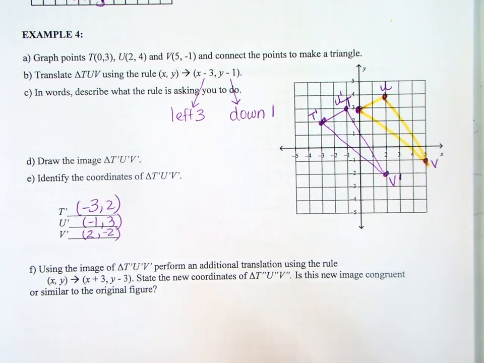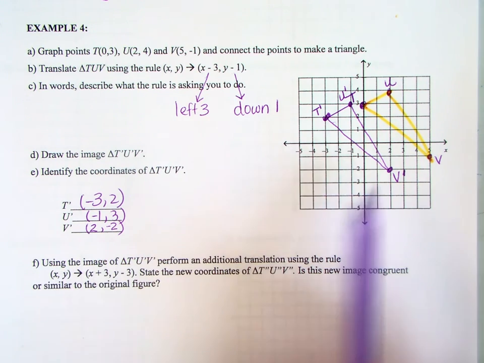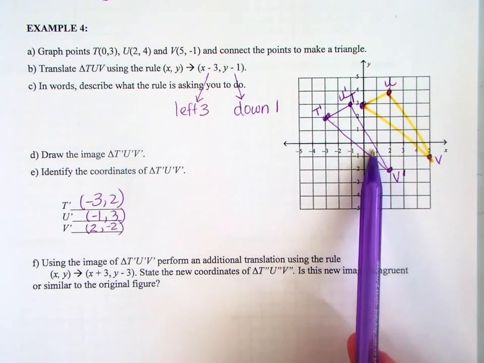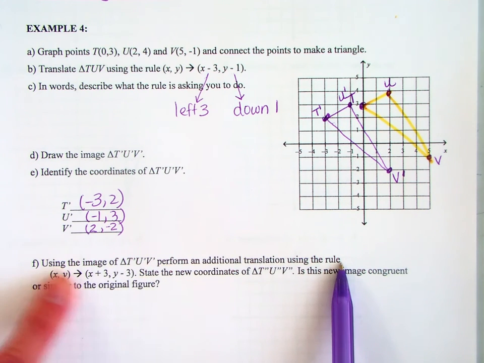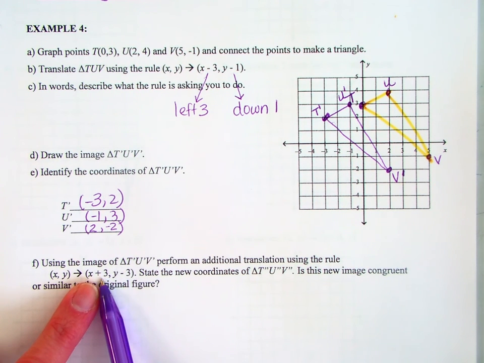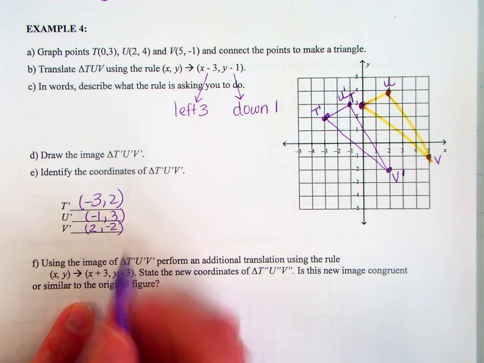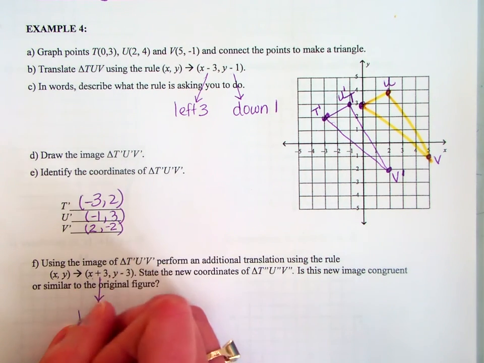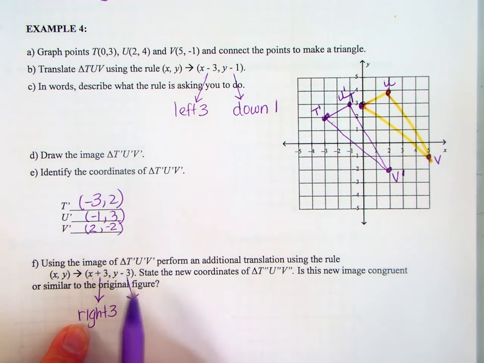All right. The very last one has us doing one more step. We're going to use our image here, so the one we created, and perform one more additional translation following the rule. This time we're going to take our x value and add 3, so we're going to go right 3, and then it says y minus 3. So to the y values, we're going to subtract 3 or move down 3.